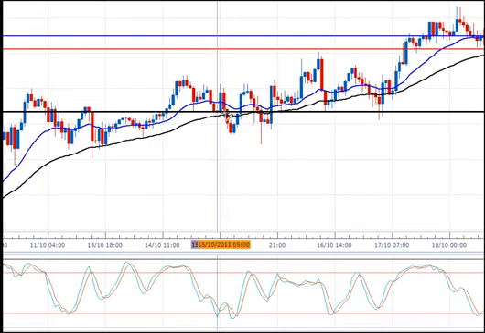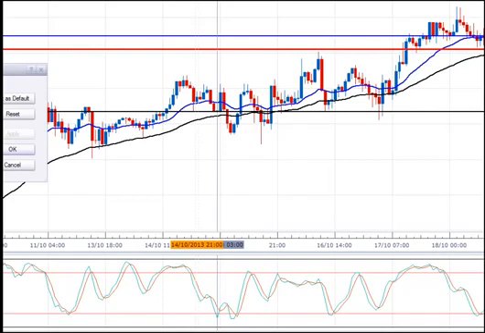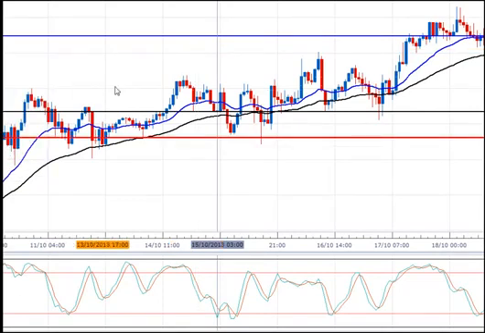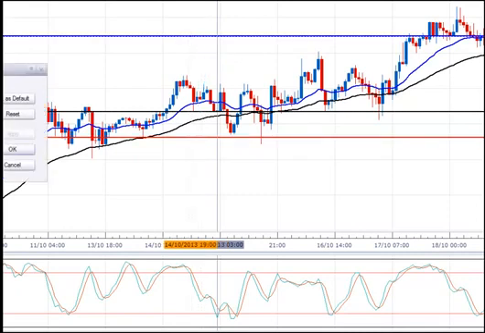Set 35 pips. The stop loss is somewhere here. Let me see, 35 pips is 156.811. Okay, 70 pips will be somewhere here, again, 157.871.